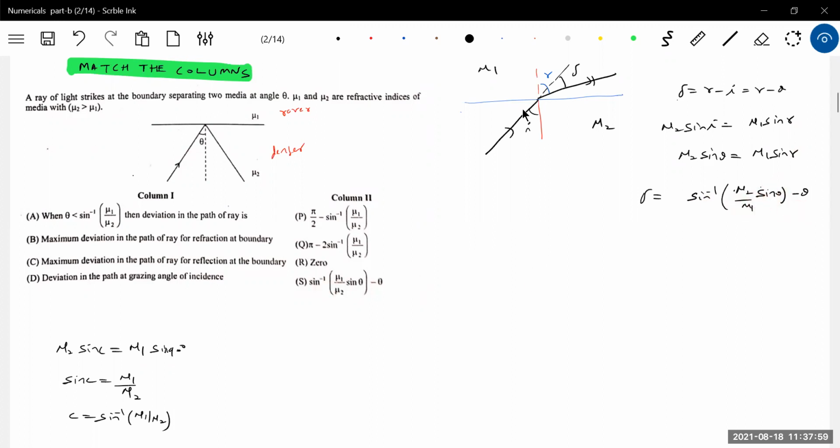Next, again, maximum deviation, the path of ray for refraction at the boundary. What do we mean by maximum deviation? Maximum deviation is when it grazes, when it goes for grazing emergence, then only the deviation is maximum, no?